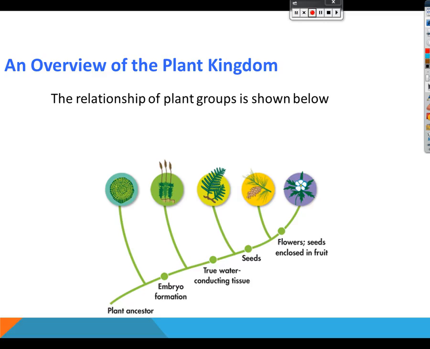And eventually at some point, this plant ancestor of green algae developed the secondary type of plant that basically started to form embryos. And so here is where the gametophyte and sporophyte start to develop. The change, that alternation of generations, starts to develop here.